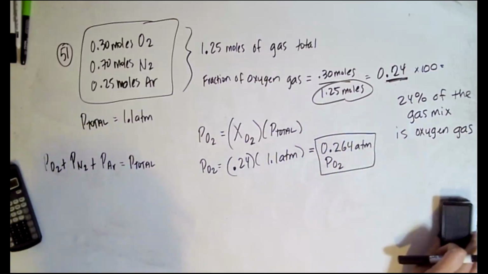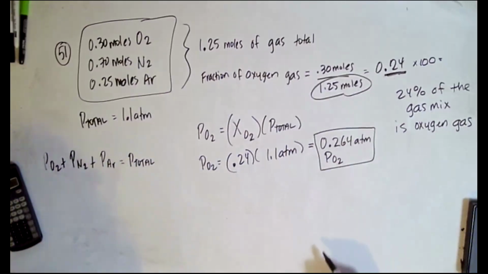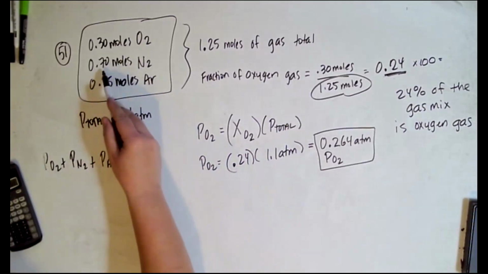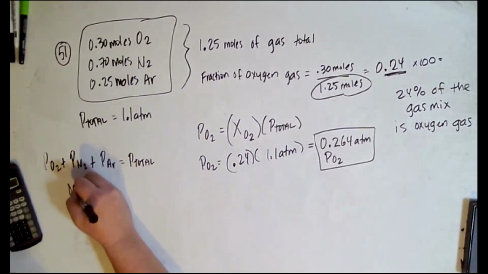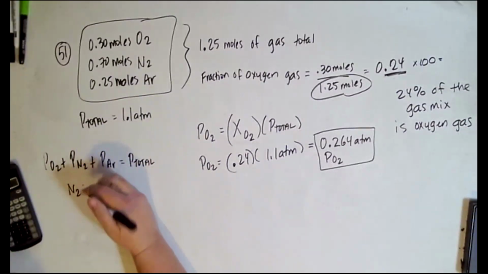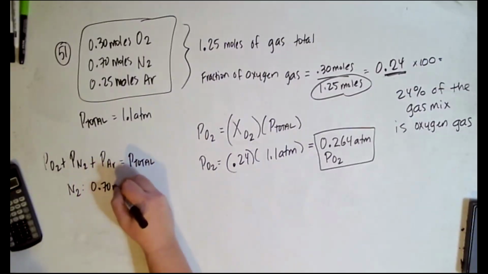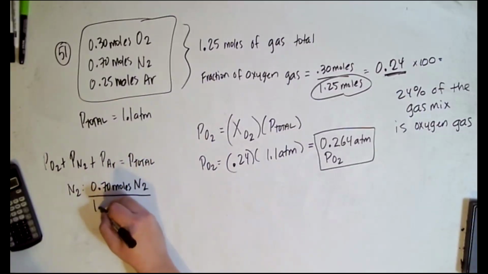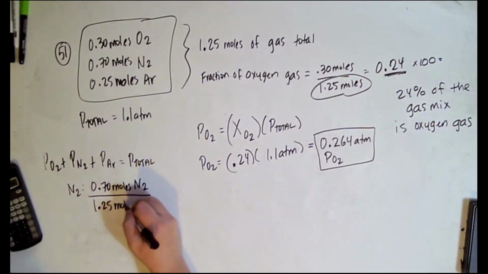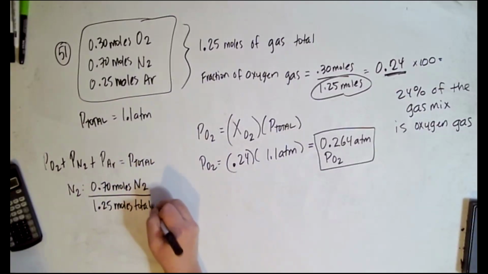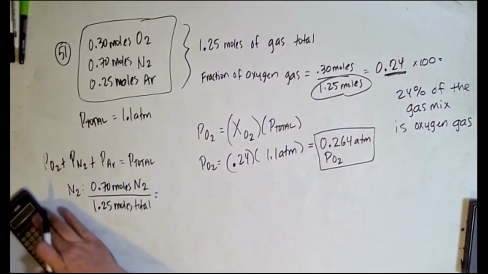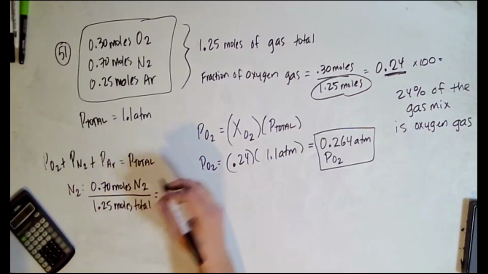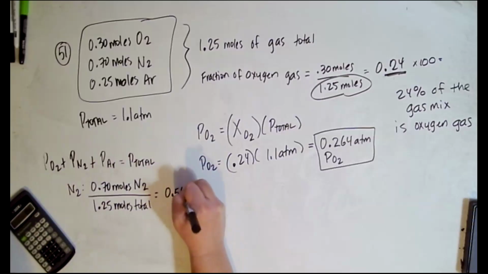Okay. We could do that for all of the gases in that mixture, but we just do the same set of steps. If we wanted to do it for nitrogen, we could say, all right, well, I can look at the moles of nitrogen. For nitrogen, I know that there's 0.70 moles. And I know that my total moles are 1.25. So the fraction of my gas that's just nitrogen is going to be 0.56.